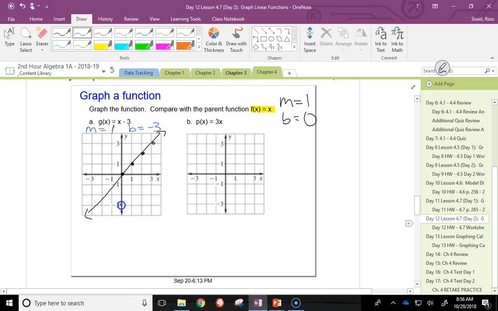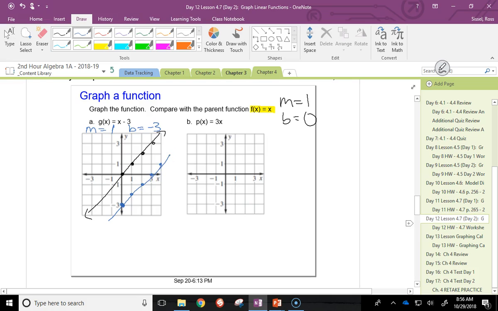Then how do we graph it? We're not doing b, we're doing m, which we already did. So what's our slope? 1, so up 1 over 1, up 1 over 1.